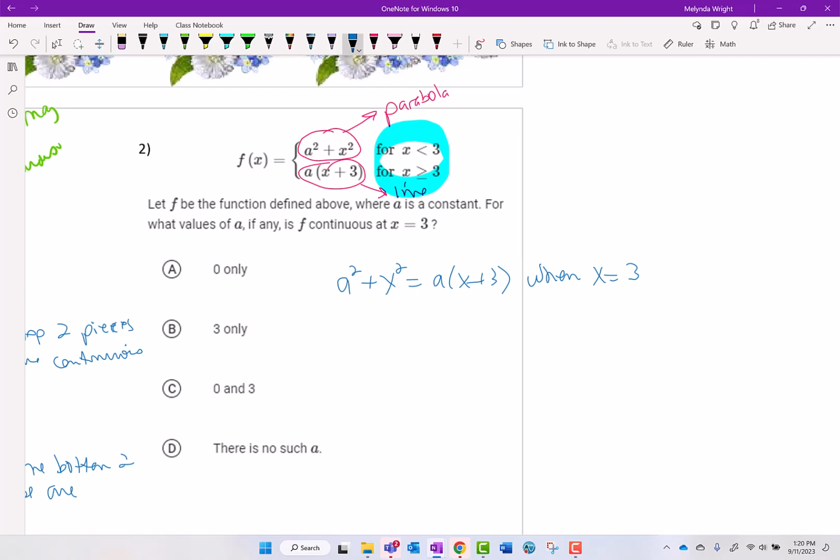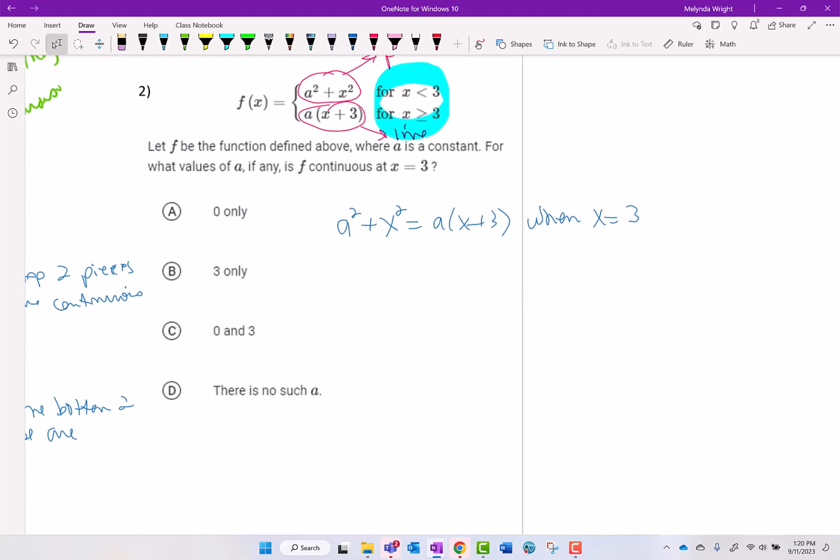They may not be continuous. So we have to force it. Okay, that's what we're doing. So now we're going to plug in a 3 for the x. So I have a squared plus 3 squared equals a times 3 plus 3. All right, so let's keep working it. So I've got a squared plus 9 equals, let's see, 3 plus 3 is 6, 6a.